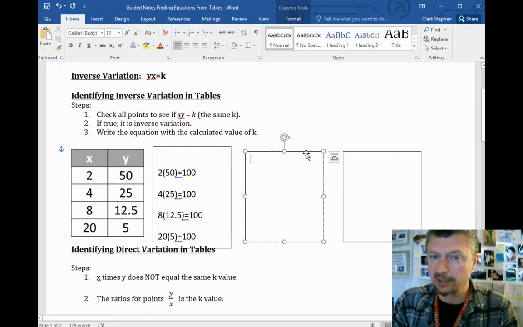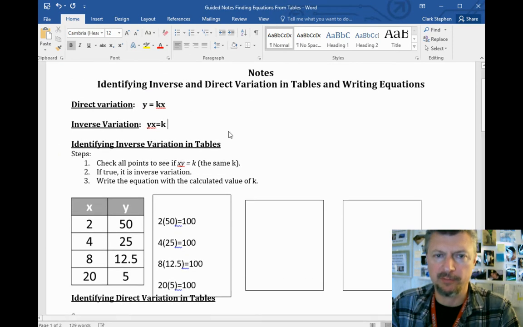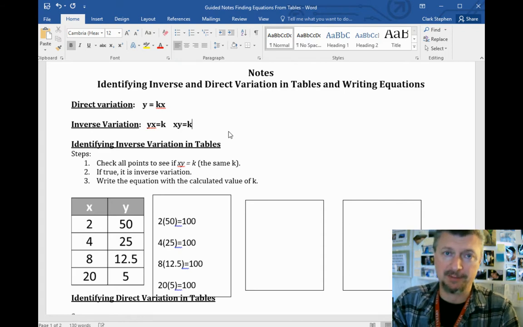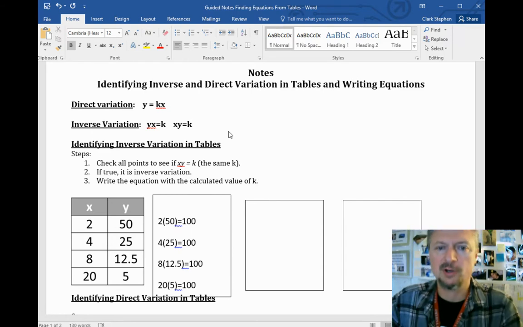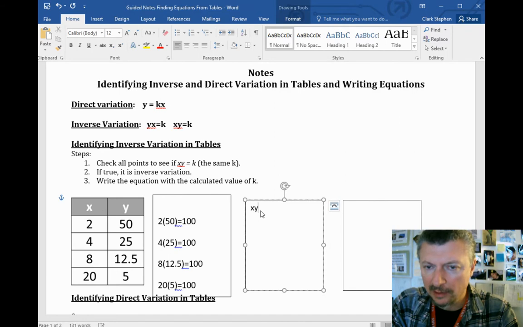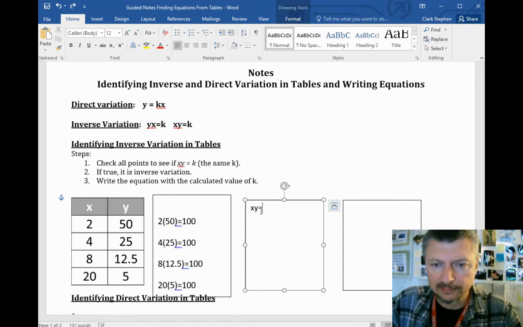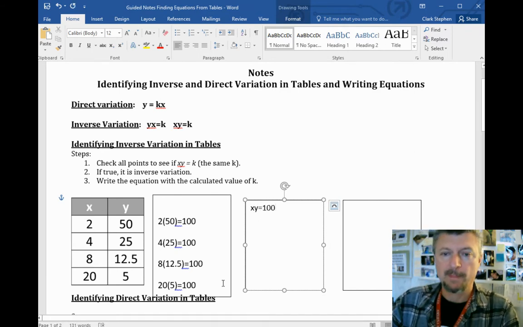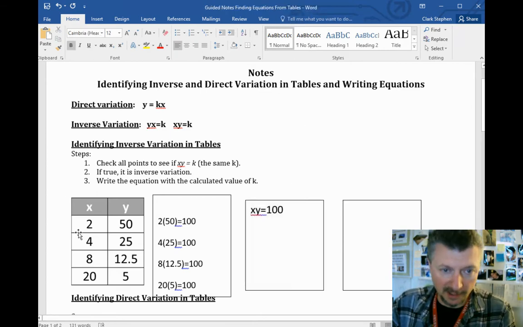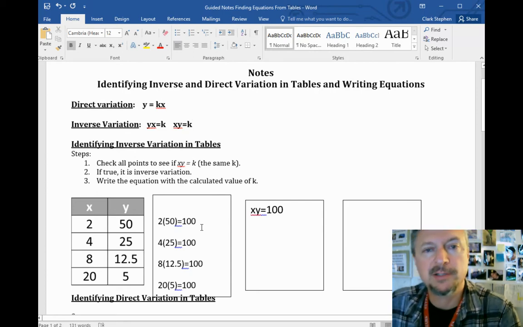So every time you multiply x times y, or y times x, you can write this inverse equation, y times x equals k, or x times y equals k. It's the same thing. 2 times 5 is the same as 5 times 2. So I guess it makes more sense to write x times y equals 100. That's your equation, because every time you multiply x times y, you get 100. That's inverse variation.